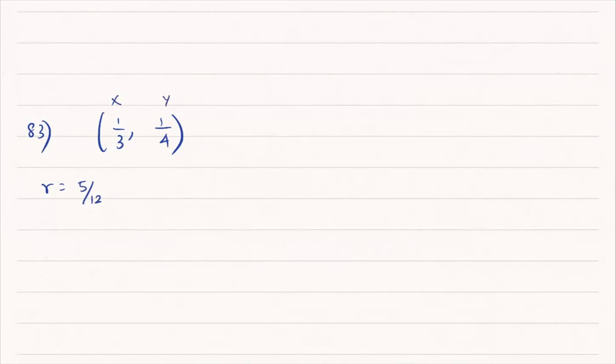This is x, this is y. Okay. So then what is cosine theta? Is x over r, which is 1/3 over 5/12, 1/3 times 12/5, which is 4/5.